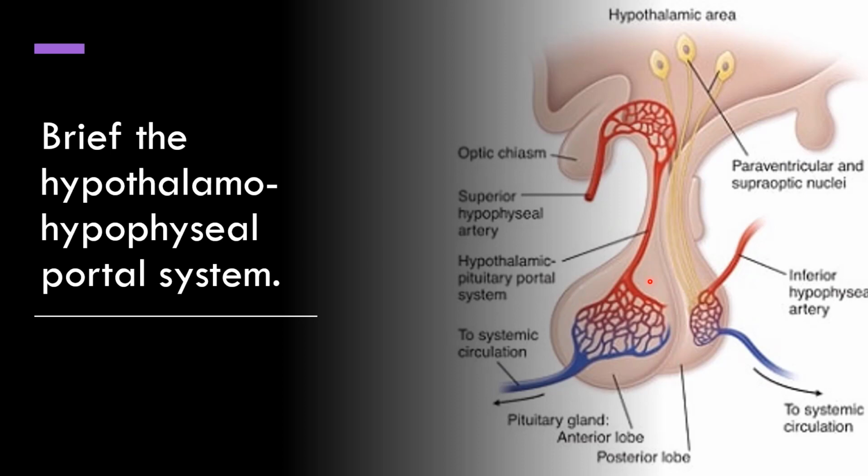Anatomical connection gets established once vascularity develops, that is, capillary plexus from this infundibulum are connected to capillary plexus of adenohypophysis by hypothalamo-hypophyseal portal system. This system brings all the release hormones to act on adenohypophysis.